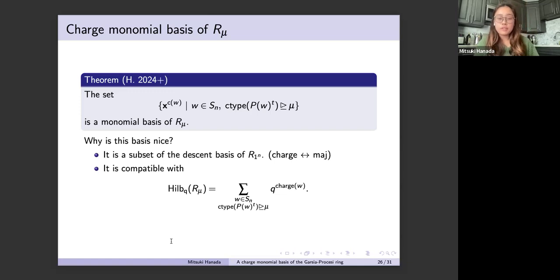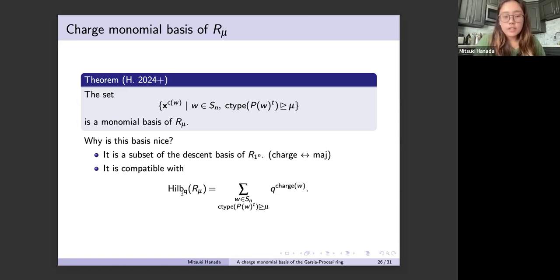It's also compatible with the Hilbert series, as I've been saying, because the condition that we use to define our set is exactly the condition used in defining the sum of our Hilbert series. So once again, the number of terms in each degree is exactly going to match the Hilbert series.